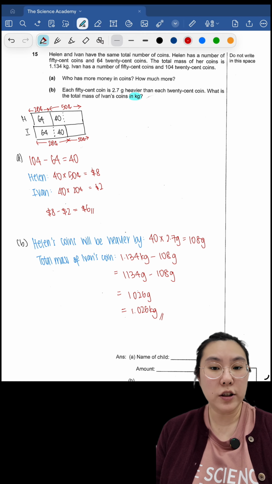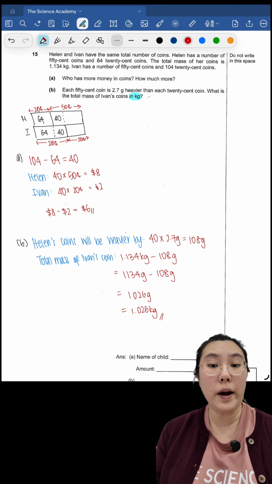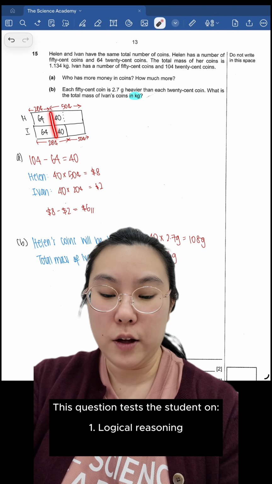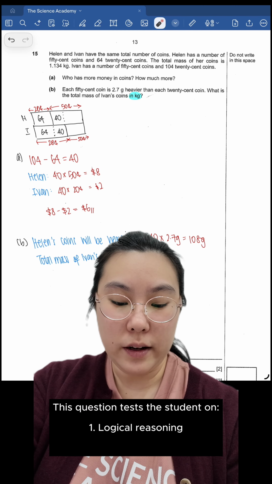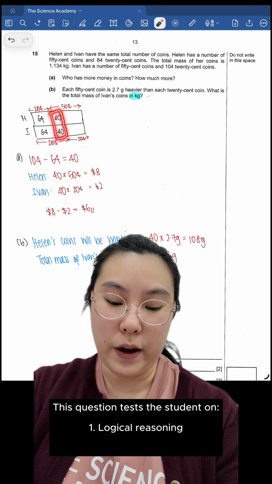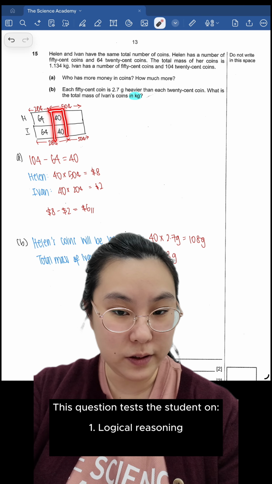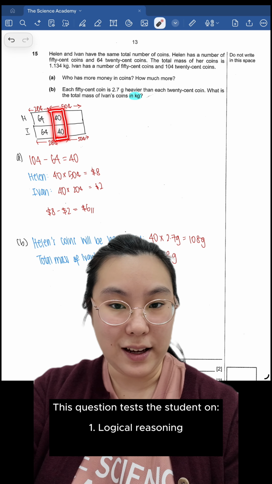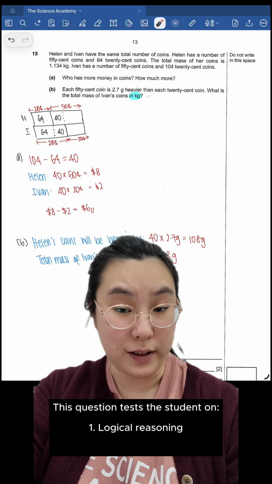So like I mentioned, this question is a little bit more challenging because it has quite a number of concepts. The first will be a logical reasoning to identify and observe that the difference in value comes from the difference in value of only these 40 coins. So therefore, our entire question is based on understanding and observing these 40 coin differences.